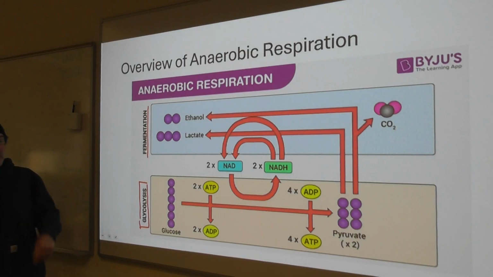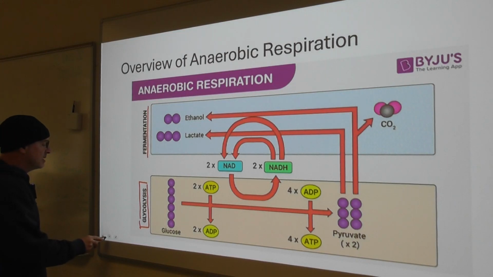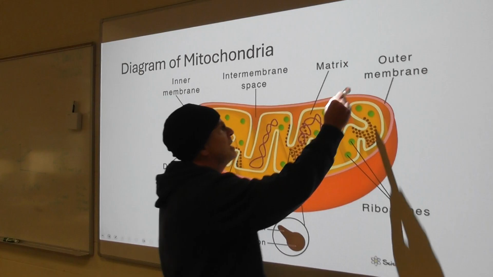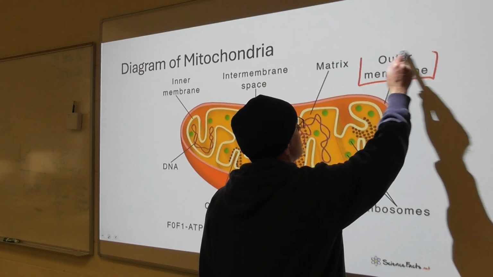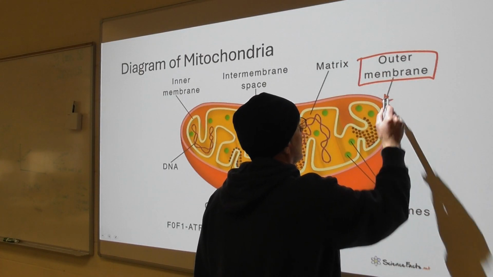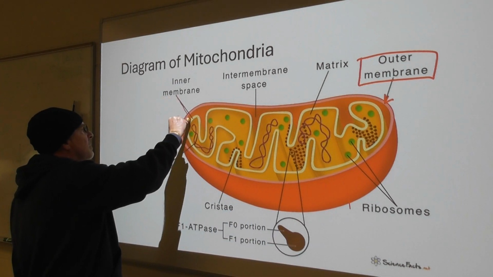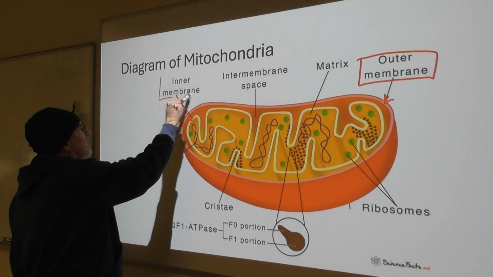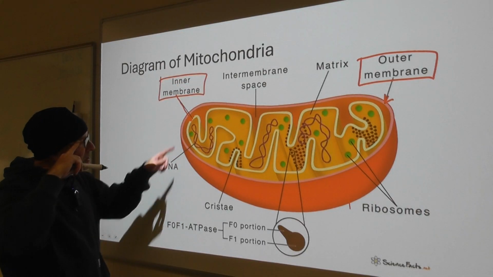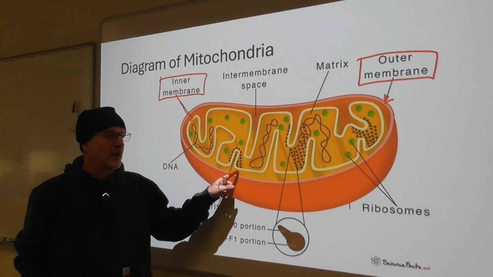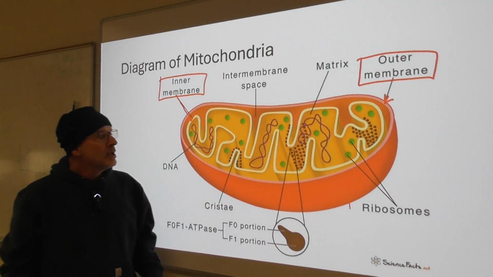The last overview that I want to show you is the mitochondria itself. So here's what mitochondria look like. The critical pieces that you'll need to be able to recognize: the outer membrane, which is the membrane on the outside of mitochondria, the inner membrane, which is the membrane on the inside of the mitochondria, and it's all folded up like this, and these folds have names called cristae, but I don't think you'll need to know that.